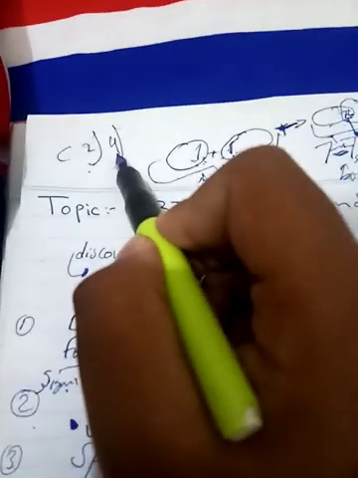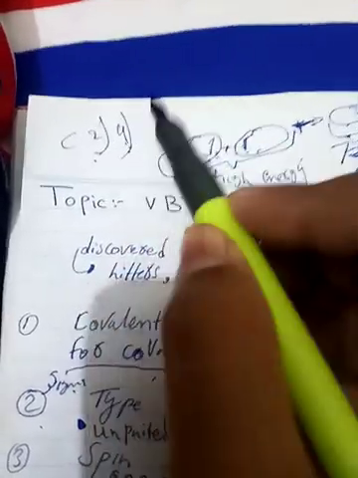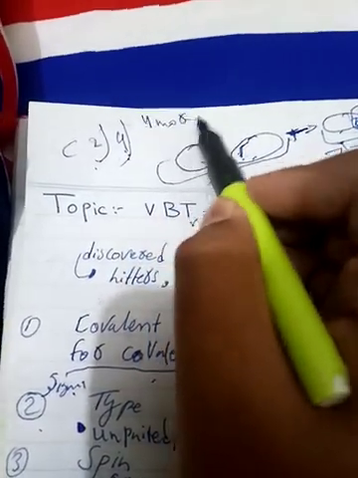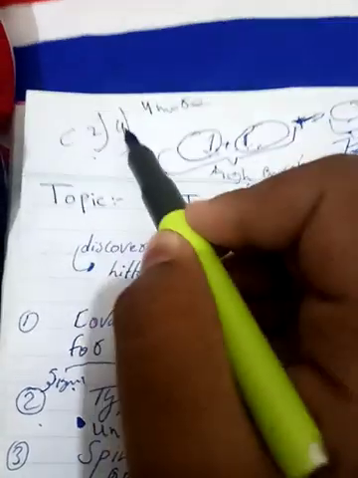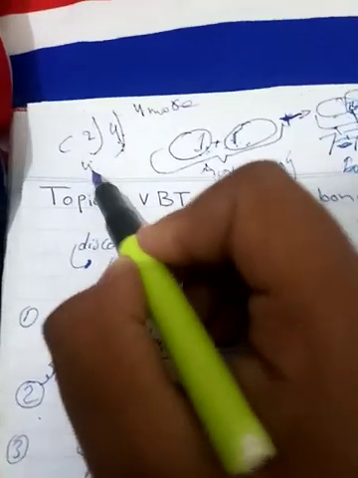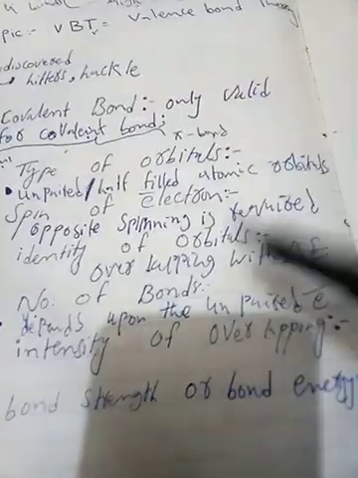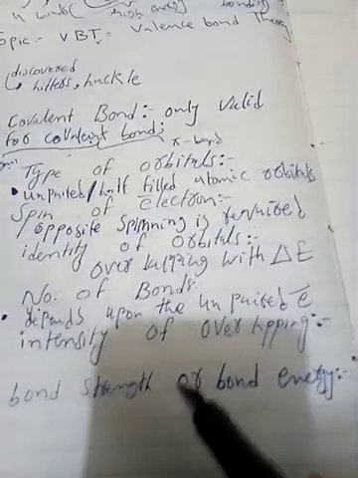This is the atomic number of carbon, and there are 4 electrons in the valence shell. So carbon requires 4 more electrons to complete the shell, and the 4 are unpaired here, so they will make 4 bonds. Okay, so that is the carbon example.